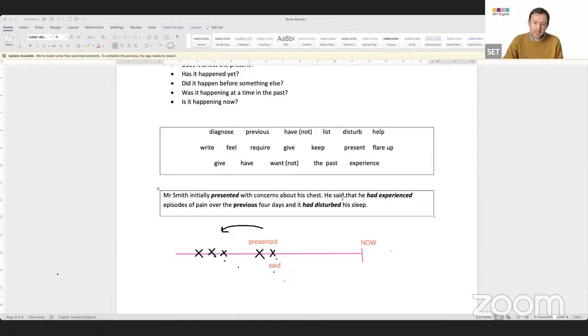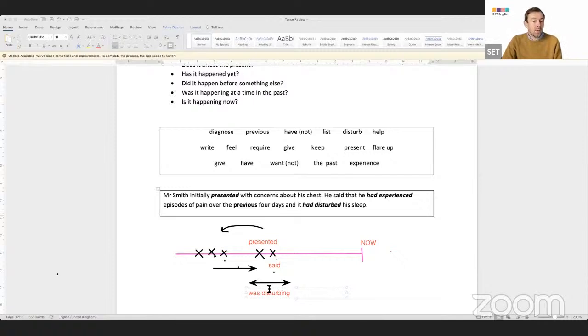What you're doing there is moving forward from the episodes of pain back to the past simple, and you're saying, actually, at that time in the past, it was disturbing his sleep. It just goes to show you guys how flexible it is. It depends on what you want to say.